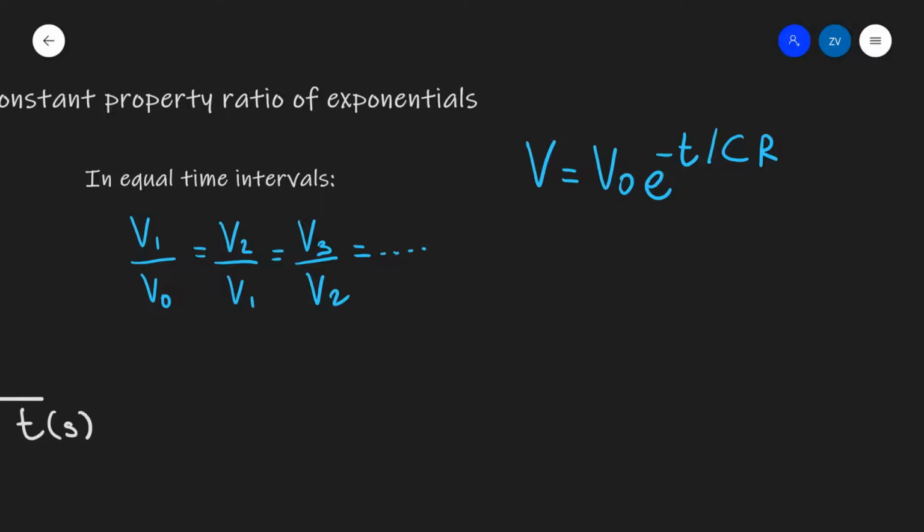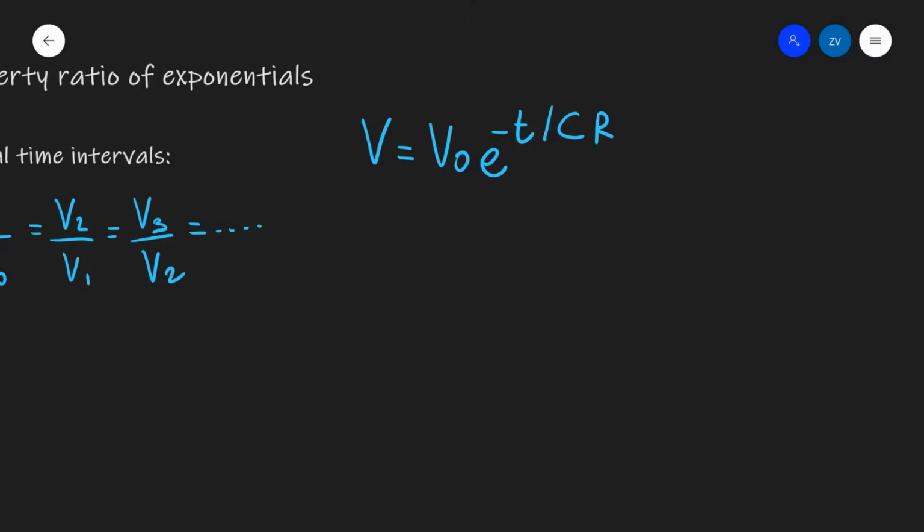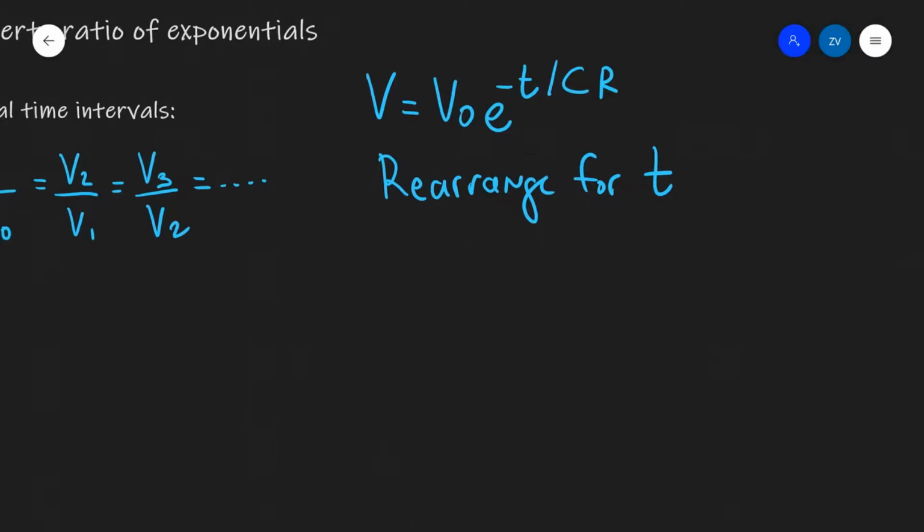Talking about exponential functions, let's also remember how to rearrange this equation, let's say for the amount of time t. So I'm just going to write over here for practice, we can rearrange for t. The first thing that we're going to do will be to just rearrange for the exponential. So V over V naught will be equal to e to the minus t over CR.